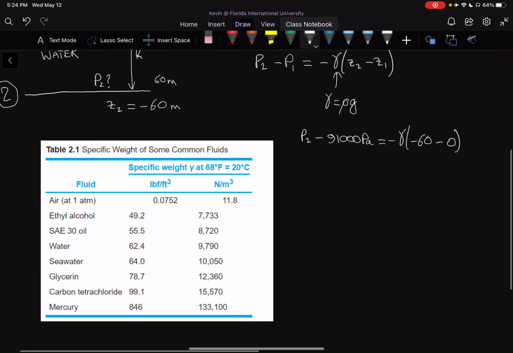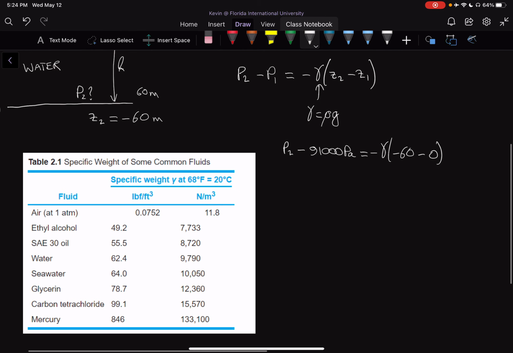The first way, and this is a pretty limited table with different values, is to say, let's look at table 2.1 in our textbook, which is also available in your handout, and find out that the specific weight is equal to 9,790 newtons per meter cubed at 20 degrees Celsius.